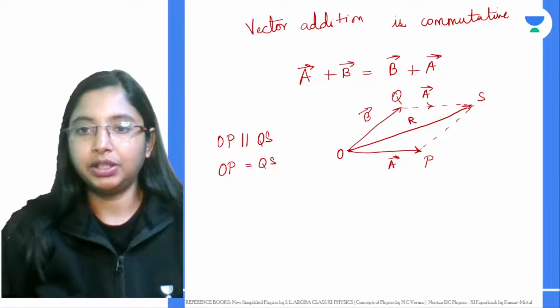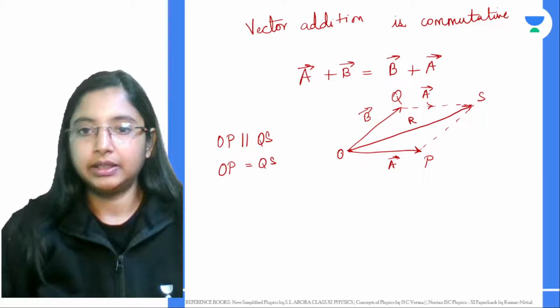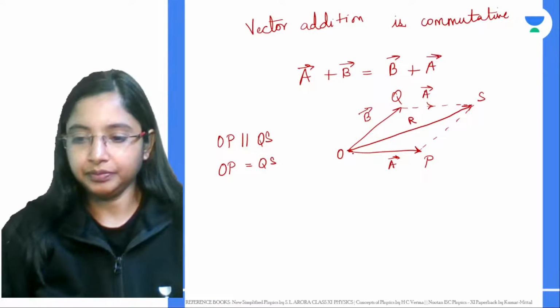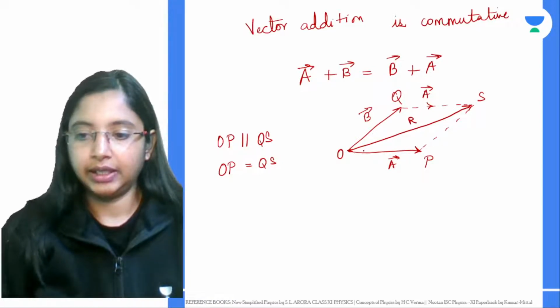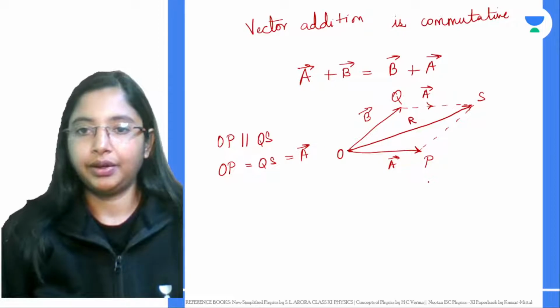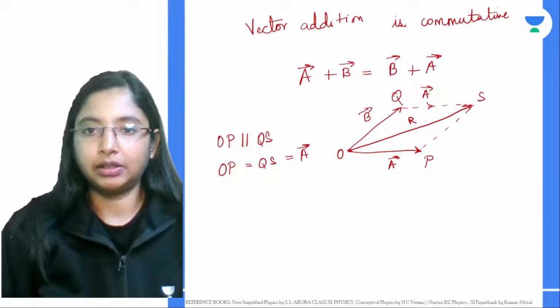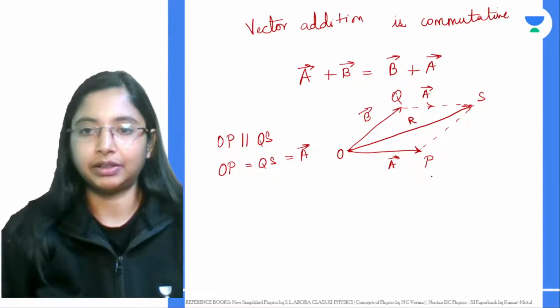From here you can say that these two sides are equal to A vector. Now we saw that QP plus QO gave us this R vector.